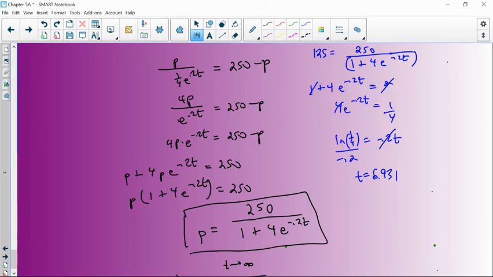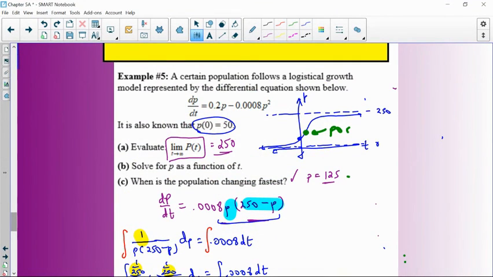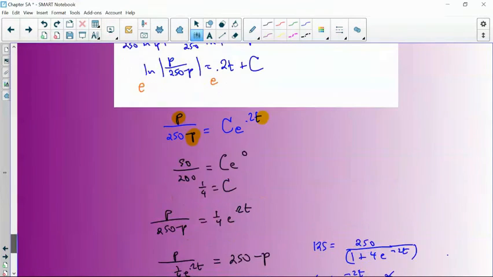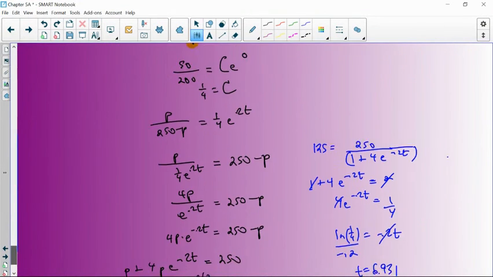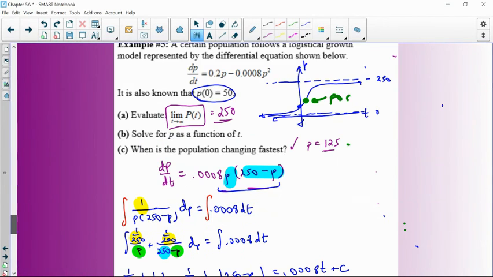I don't remember if I gave a unit for time. Is it years, months? It doesn't really say, so it would just be units of time. And since time is continuous, we can leave it to 3 decimals. But if it's asking for something about the population, then you would round to the nearest whole number for that value.